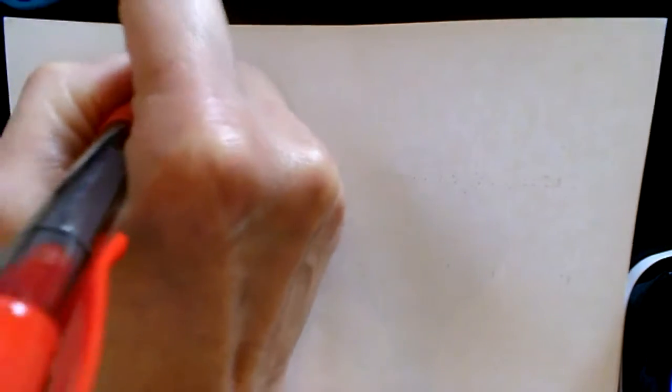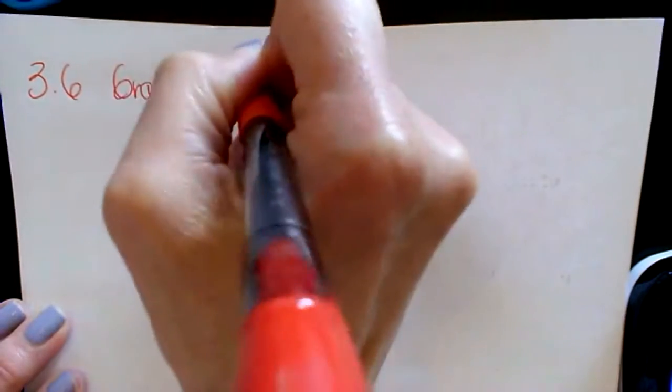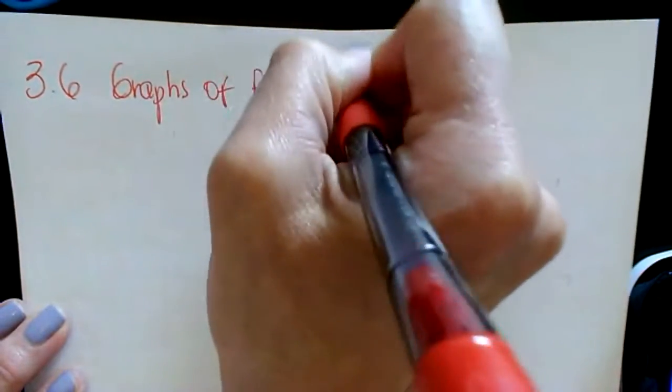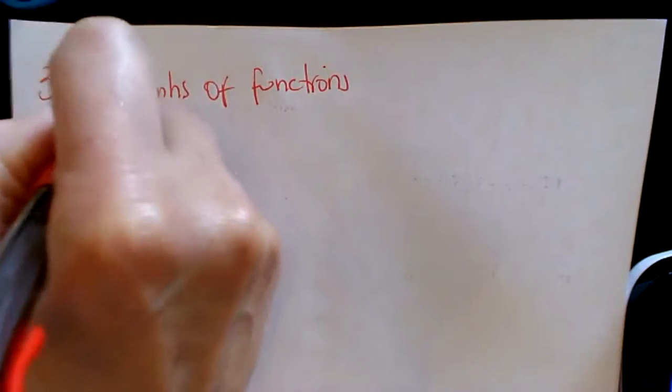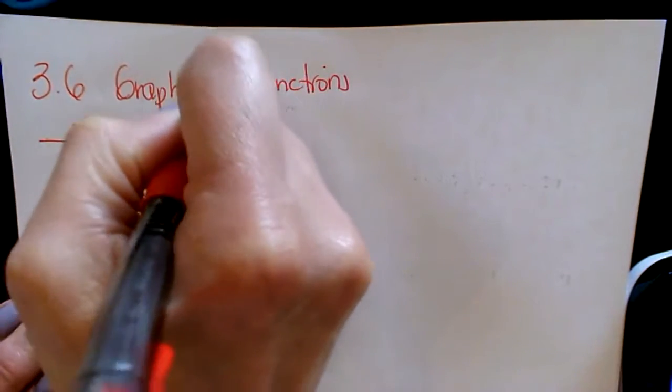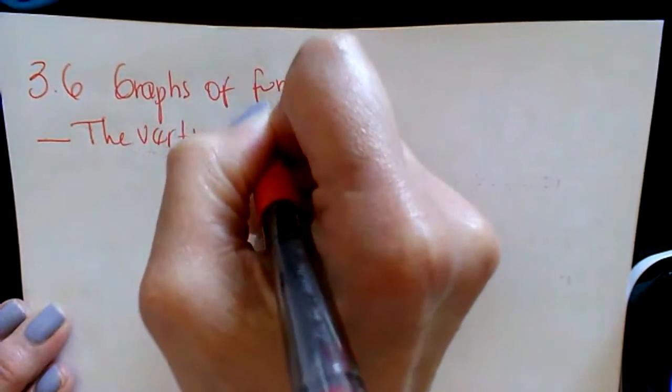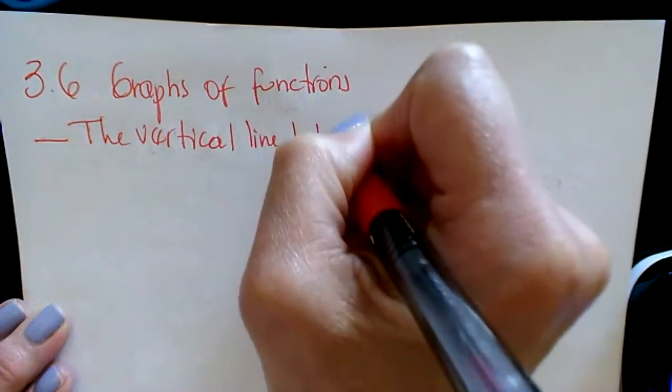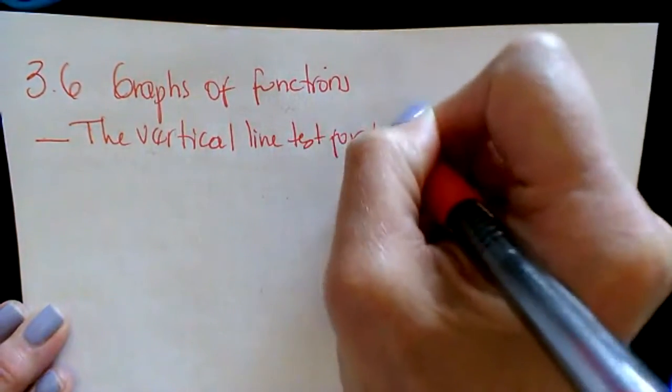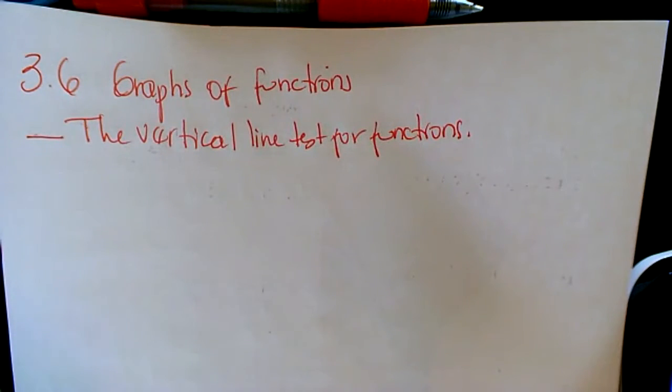Okay, so let's continue. We're going to start with 3.6 graphs of functions, and we're going to do the vertical line test for functions.